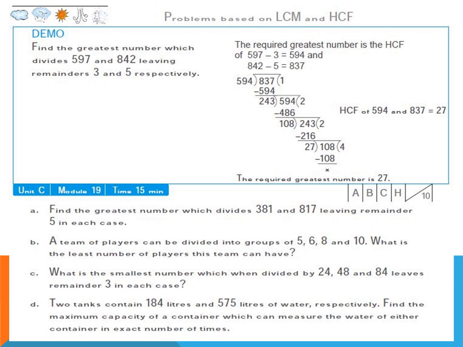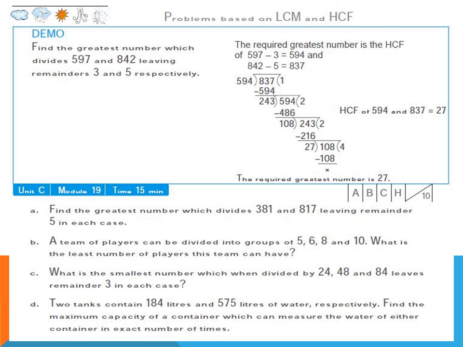Why? Because this number that we have to find out, when it will divide 597, it will give a remainder of 3. That means if we subtract 3 from 597, we will get 594. Then this number will divide 594 completely. In the same way, the number will divide 842 and leave a remainder of 5.